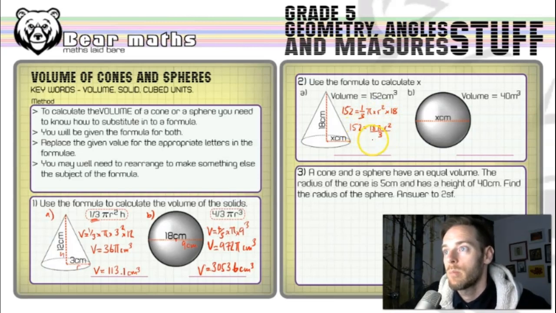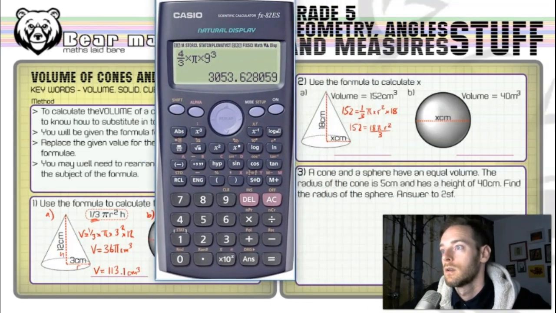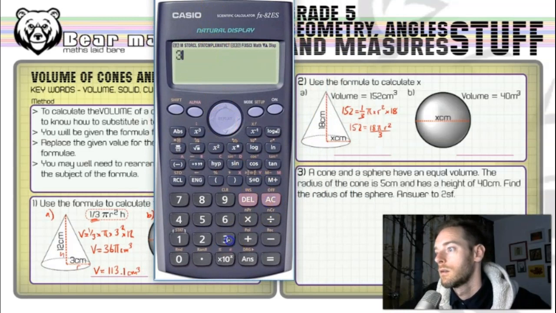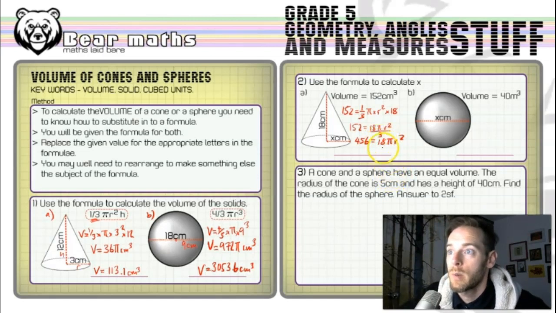So 3 multiplied by 152. Let's bring a calculator in and find out what that is. 456 equals 18 pi r squared. Now we can divide by the 18 pi, this bit in front of the r squared.